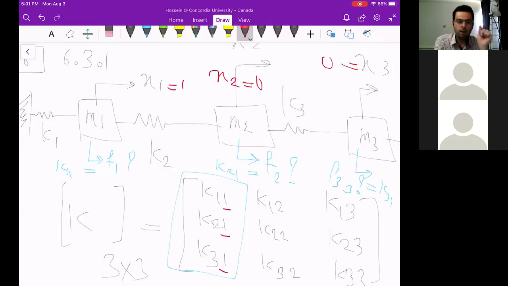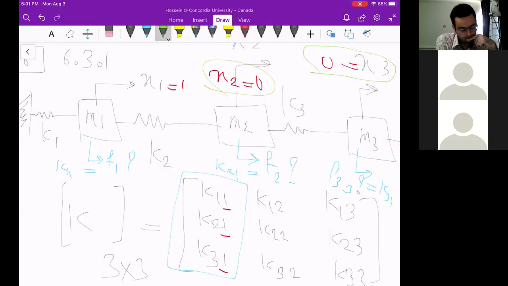Here we only apply a unit displacement at mass 1, and you have to make sure the displacement at mass 2 and mass 3 are 0. This is the principal approach for finding F1, F2, F3. It means K11, K21, and K31. So the first column, K11, K21, and K31.